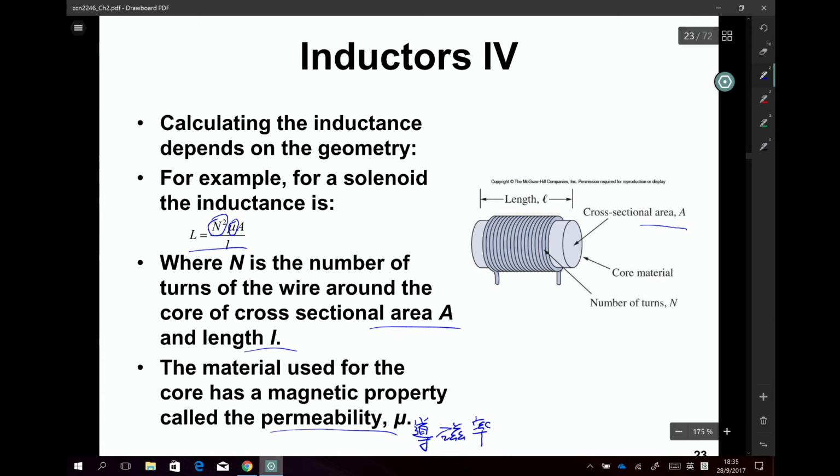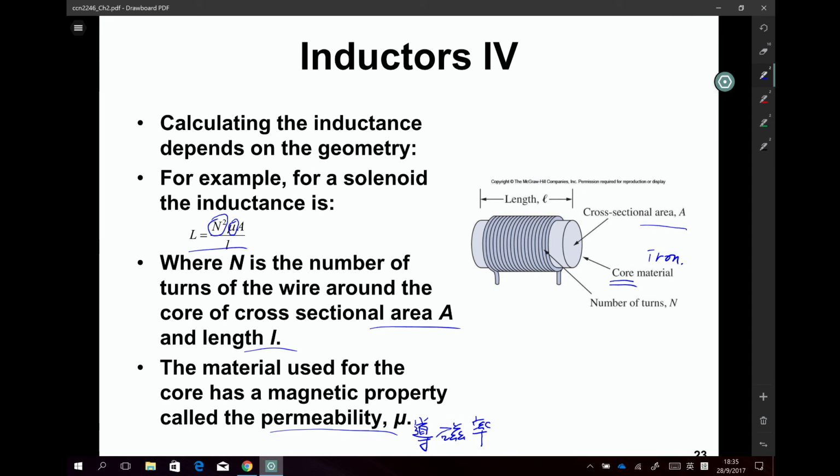Normally, your inductor will be wound on a core. This core normally is a ferro material. That means it may contain iron inside in order to improve the inductance.